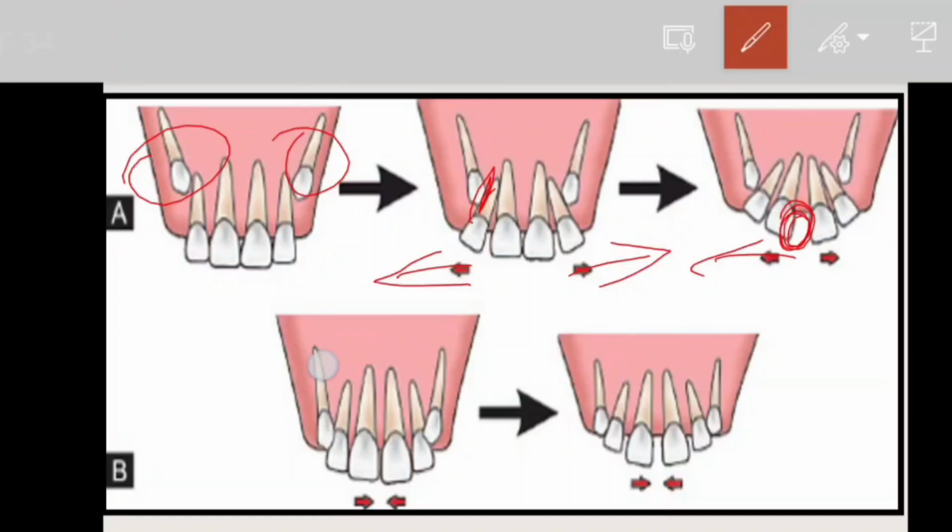Now when the canine reaches the crown surface of the lateral incisor, it will force in this direction, causing this space to close. So this stage self-corrects later. Should we treat the ugly duckling stage immediately? No, because it usually self-corrects.